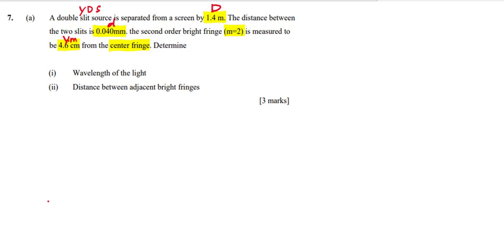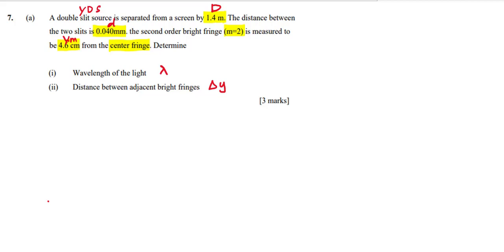Now we have to determine the wavelength of the light, so we have to determine the lambda, and also the distance between the adjacent bright fringes, that is delta y, right?